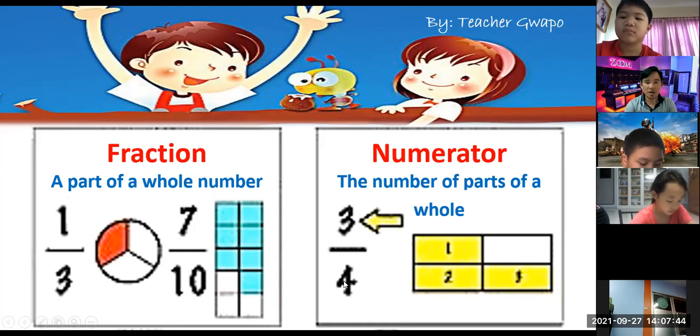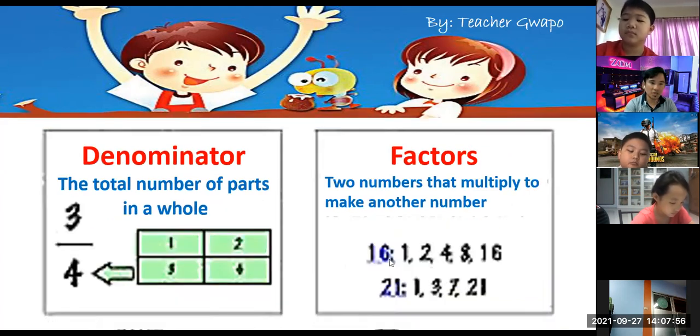We have here the denominator is 4. 3 is the numerator, the parts of a whole. The denominator is the total number of parts in a whole. Here you can see 3/4. The number 4 here is the denominator.